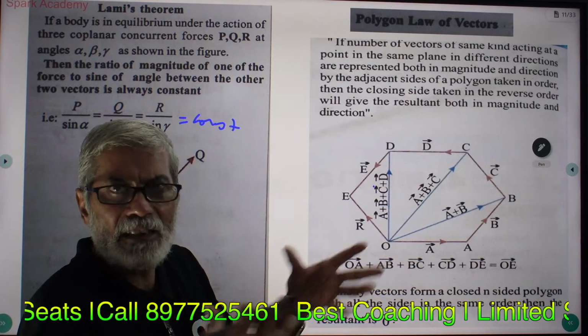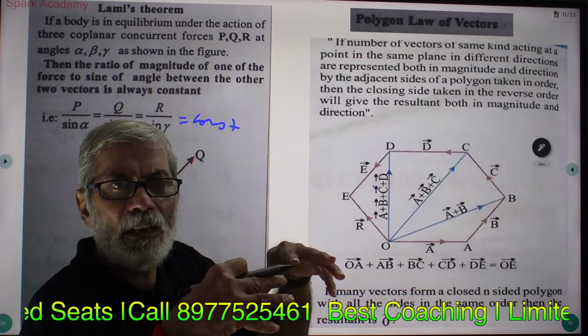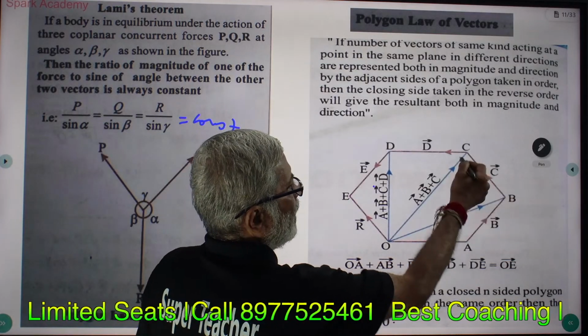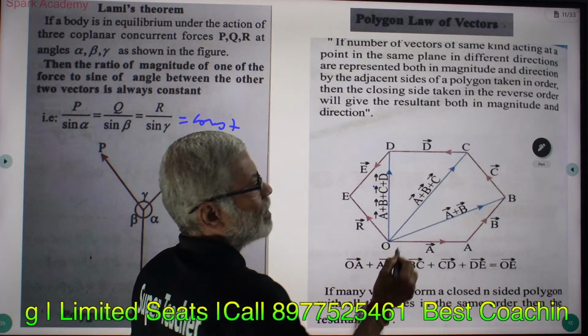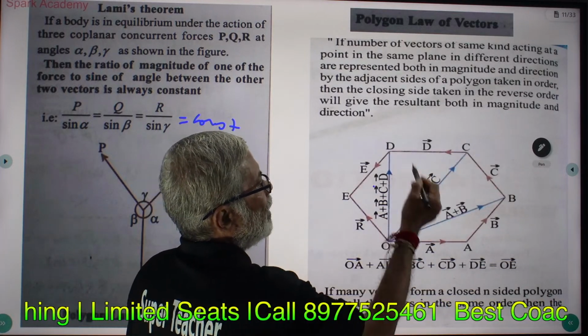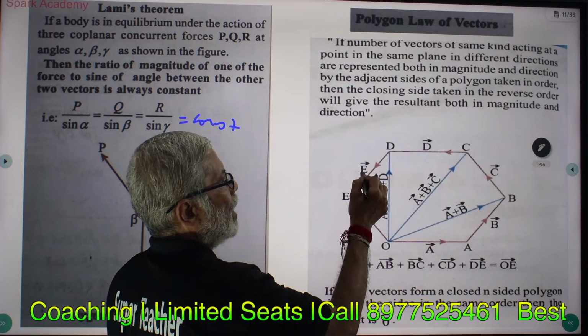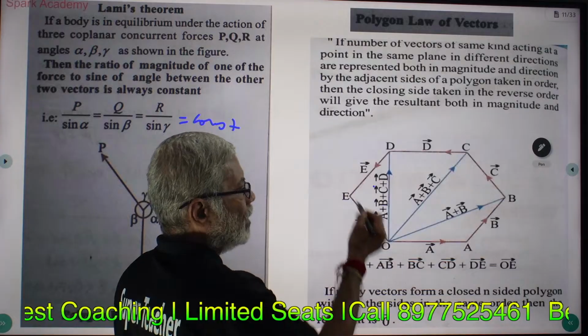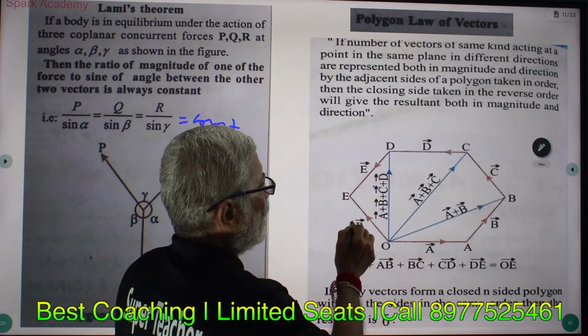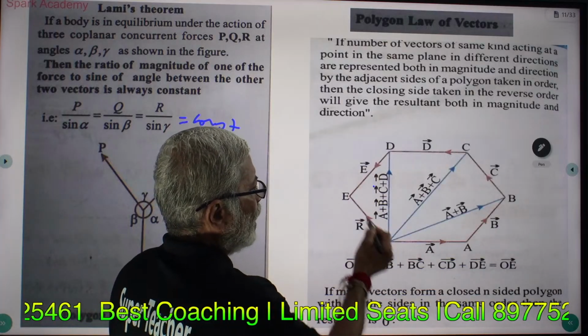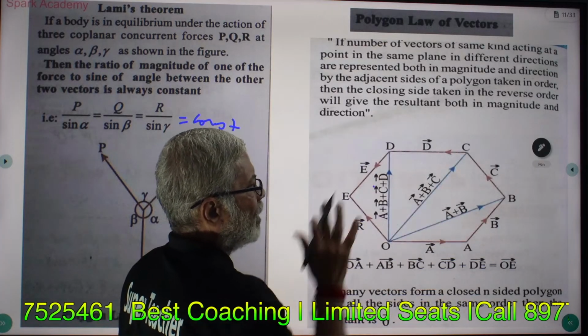You have to attach them to apply the particular law. Now if C is another vector, then its resultant will be A plus B plus C. Suppose D is another vector, then A plus B plus C plus D will be this vector. If E is another vector, then the resultant will be A plus B plus C plus D plus E. This is the last vector in this particular direction.